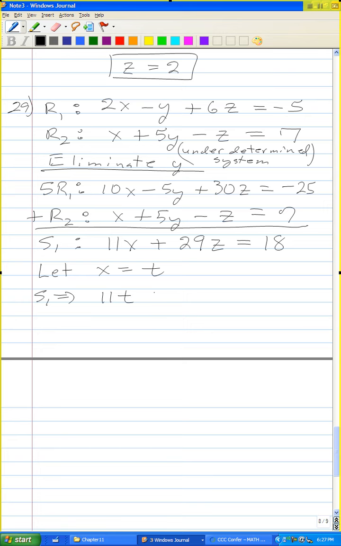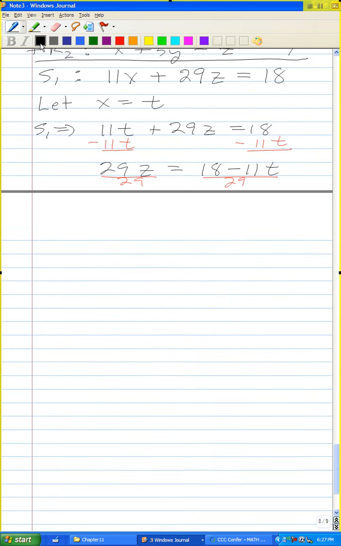So I get 11t plus 29z is 18. And so let's subtract 11t from both sides of my equation. So I get 29z equals 18 minus 11t. Divide both sides of your equation by 29. And so I get that z equals 18 minus 11t over 29.